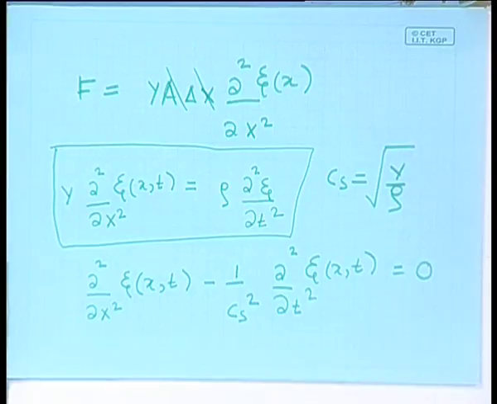Now, until now we have been discussing a situation where we have a disturbance which is there only along the x axis. We have not considered what happens to the disturbance along the y or z axis. We can easily generalize the whole discussion to a situation where the disturbance propagates along all three directions, x, y and z.